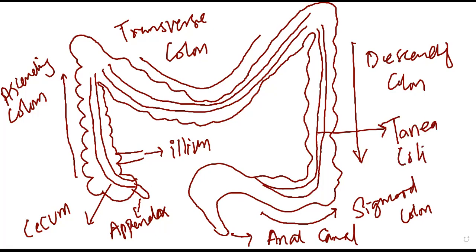And what is taenia coli? Taenia coli are three separate longitudinal ribbons of smooth muscle on the outside of the ascending, transverse, descending, and sigmoid colon, which I have drawn here. This one, this one, and this one. These are the taenia coli.